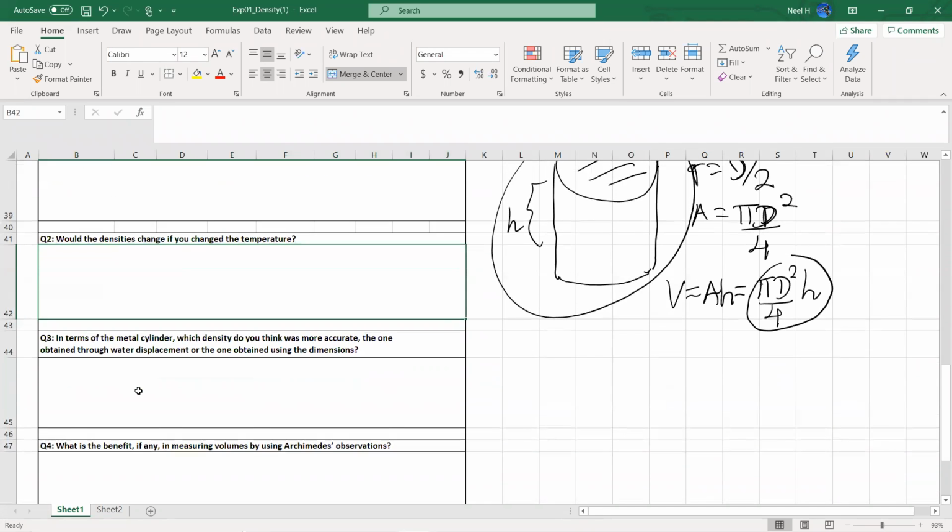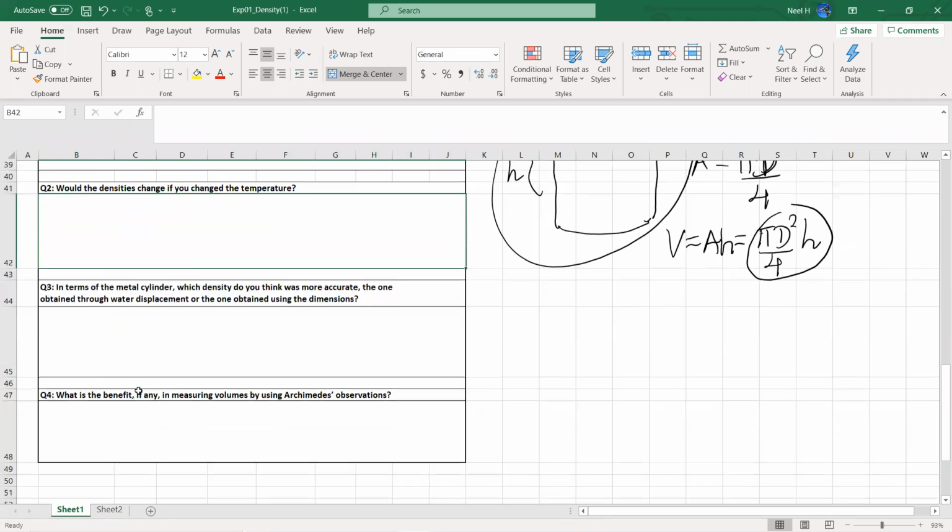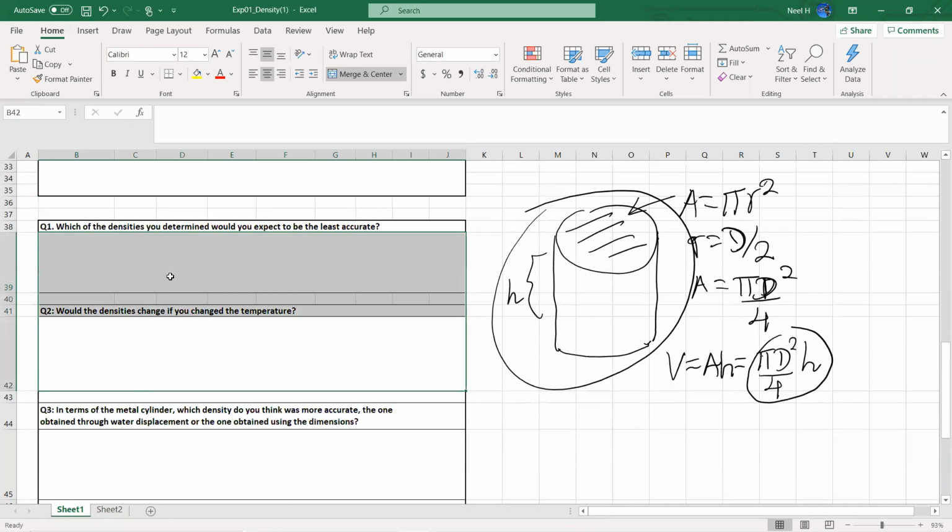Professor, for the first question, you said we write down, for example, copper 1.79%, which has the highest percentage error, is the least accurate number, correct? So that's the copper 1. Okay, thank you. Yeah, just write what the answer is and why you picked that, like 2 sentences.